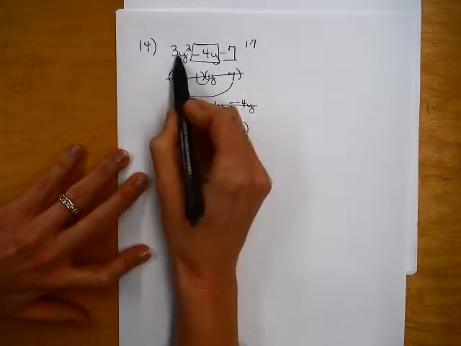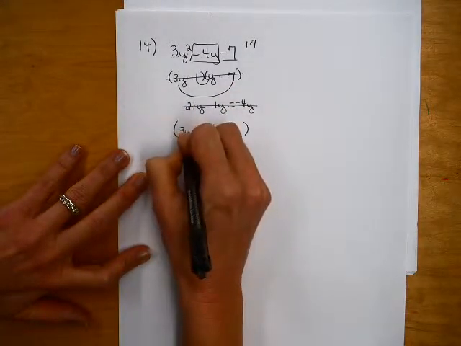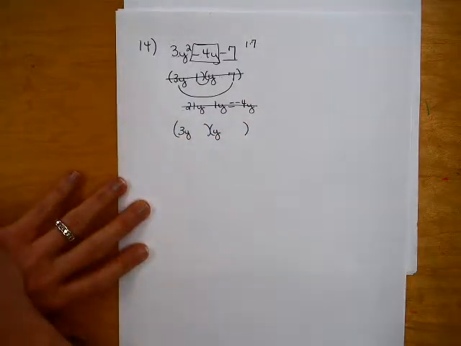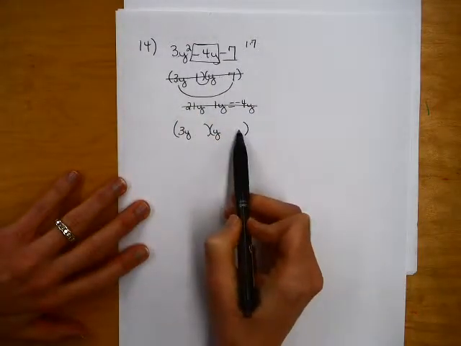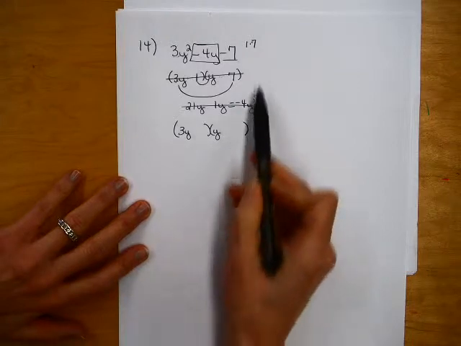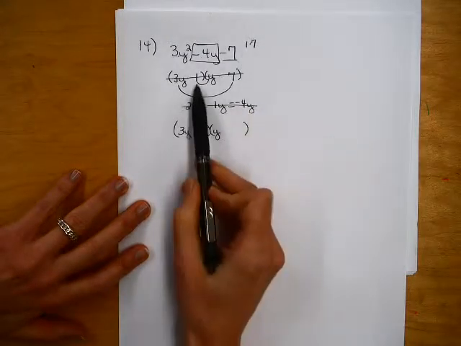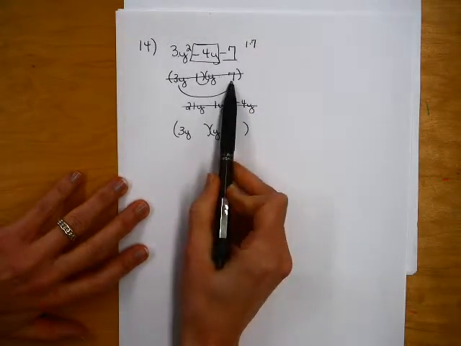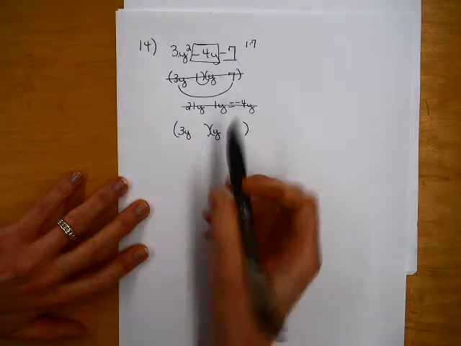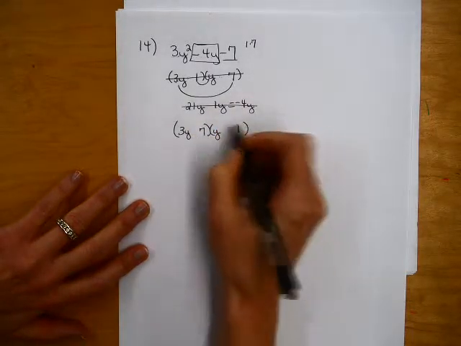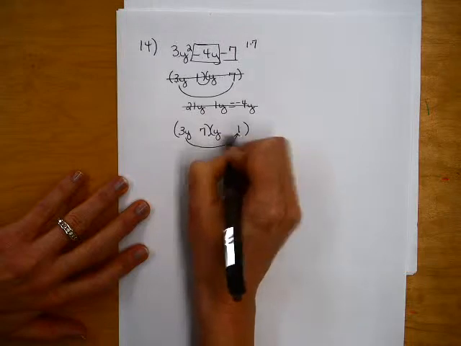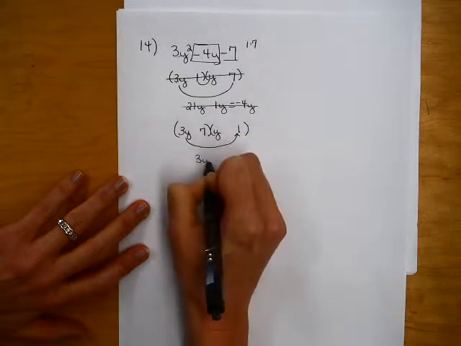I start back over, and I start again with 3y squared would have to be 3y times y. My last term is negative, signs are going to be different. I have to use 1 times 7, but instead of putting the 1 here and the 7 here, I'm going to switch it and put the 7 here and the 1 here. And so now if I do outer times outer, 3y times 1 is 3y.